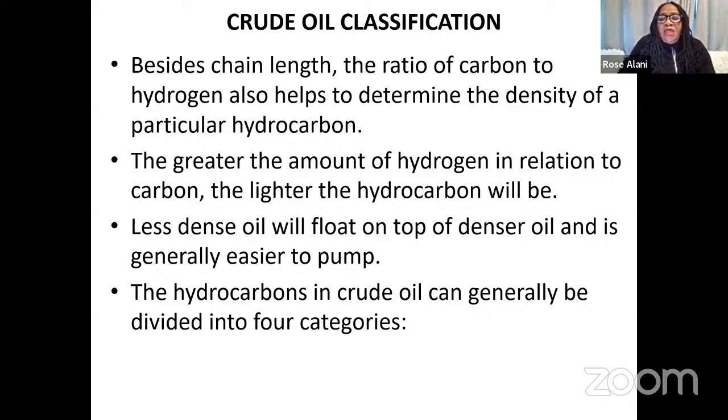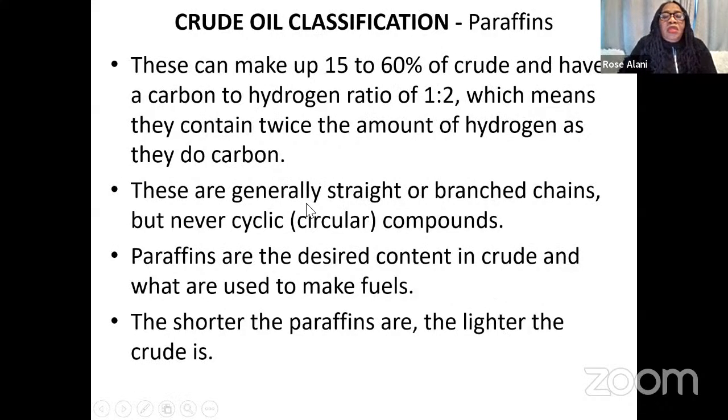The hydrocarbons in crude oil can generally be divided into 4 categories. So we have the paraffins. The paraffins make up 15 to 60% of crude oil. This is a hydrocarbon with a 1 to 2 carbon to hydrogen ratio.